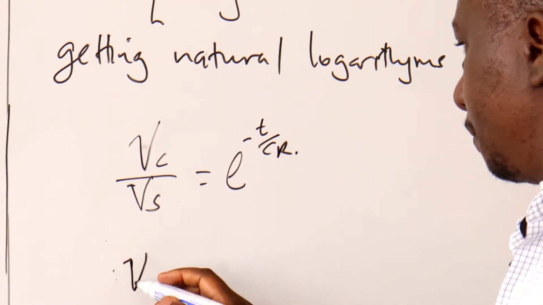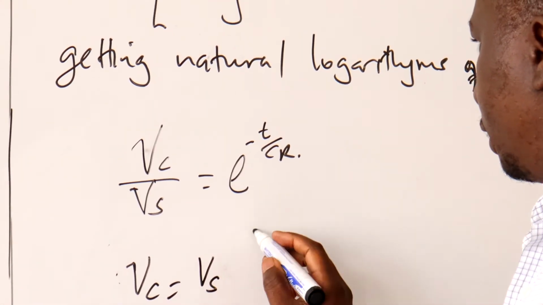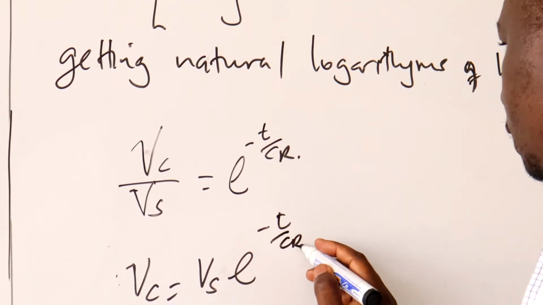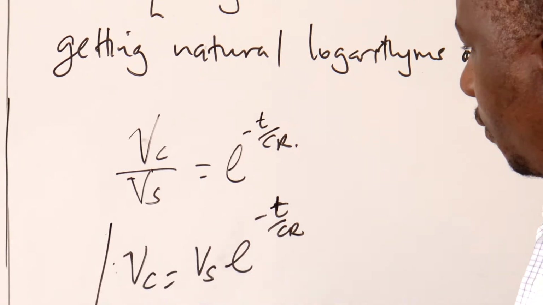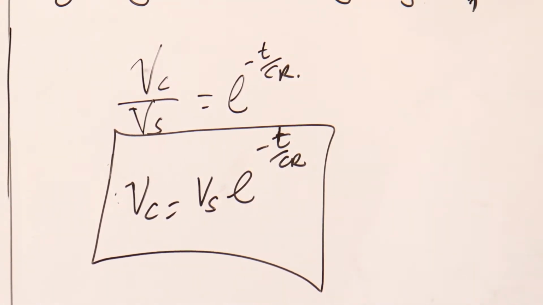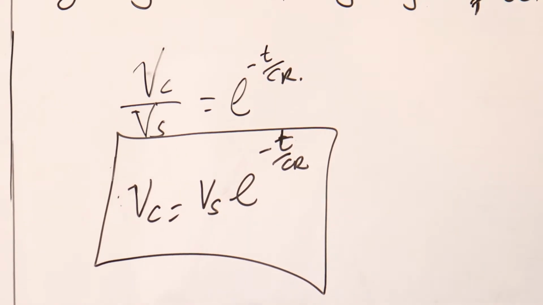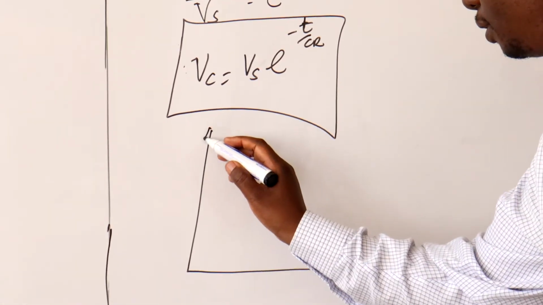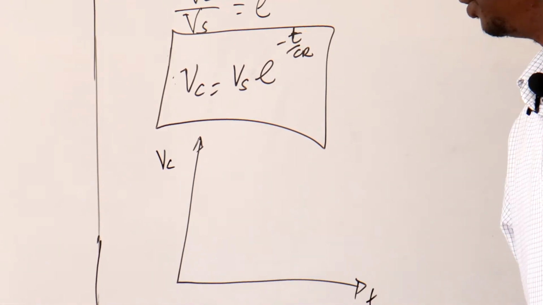So VC is supposed to be Vs e to the minus t over CR. So we are able to plot this. We draw the curve with t and VC.